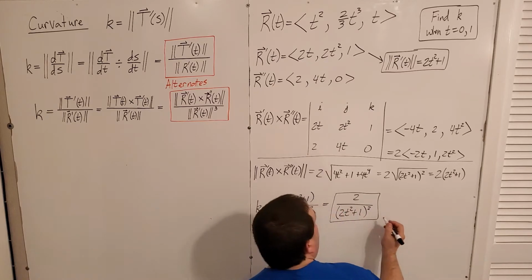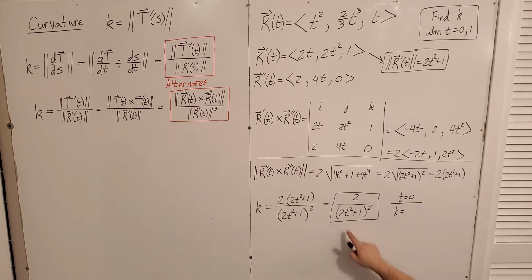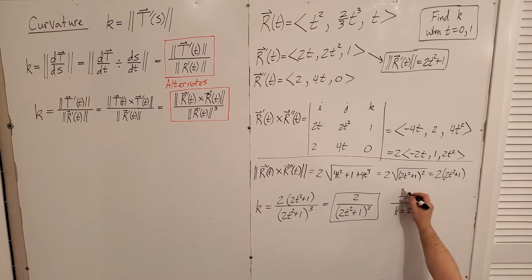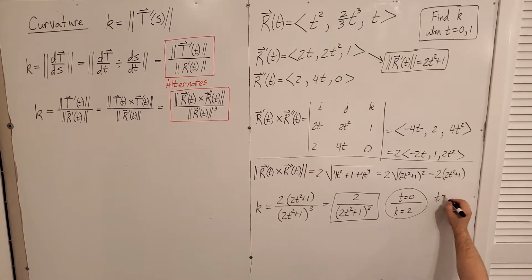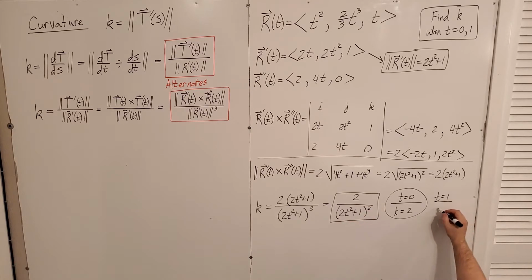Okay, so then when t is 0, my curvature is 2 over 1, 2. And when t equals 1, right, that was the other one we wanted to talk about, my curvature is going to be 2 over 2 plus 1 squared, 3 squared. So I get my curvature is 2/9.